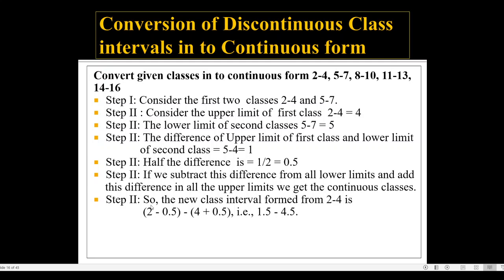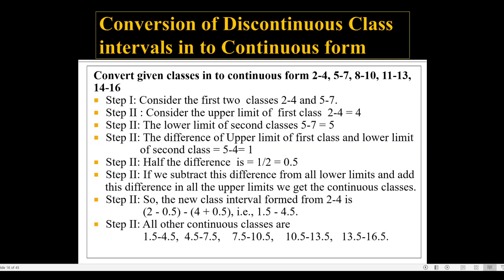Therefore 2 minus 0.5 is 1.5 to 4 plus 0.5 which is 4.5. This is our first class, and then if we follow this same procedure for all the classes, we will get classes 1.5 to 4.5. Second class is 4.5 to 7.5.